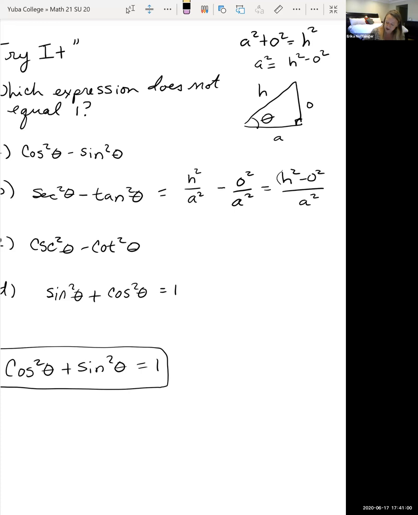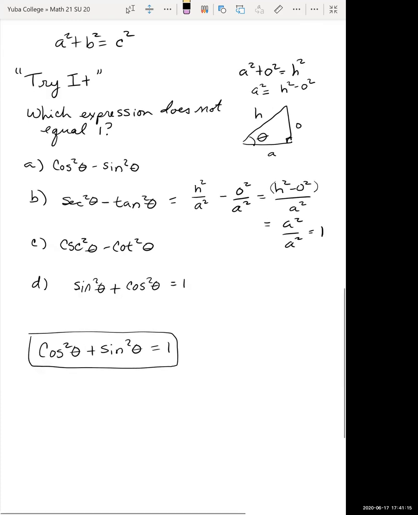Notice that's our numerator. Our numerator is the same thing as A squared, so you can rewrite it as that. So A squared over A squared is 1. So that's another way to think about it with these identities.